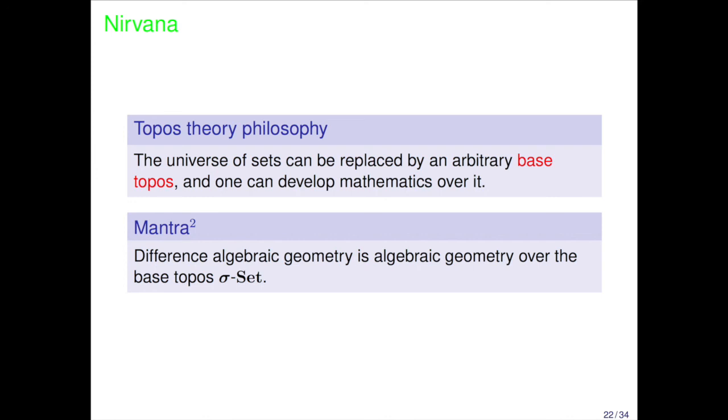An arbitrary topos can serve as a universe for developing a lot of mathematics. That's somehow the guiding logic. And using this guiding principle, we can now proclaim that difference algebraic geometry is in fact algebraic geometry over the base topos of difference sets.